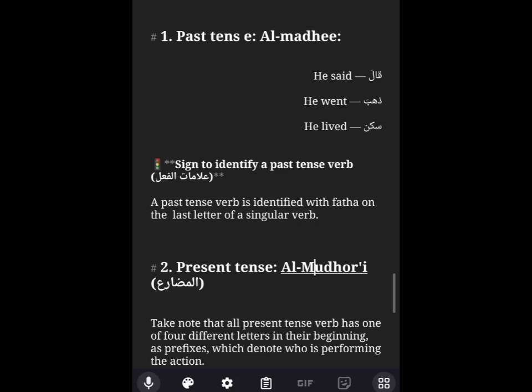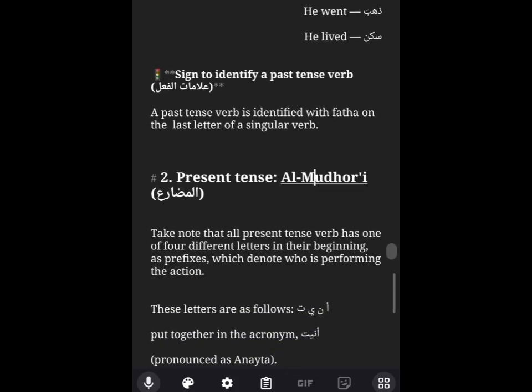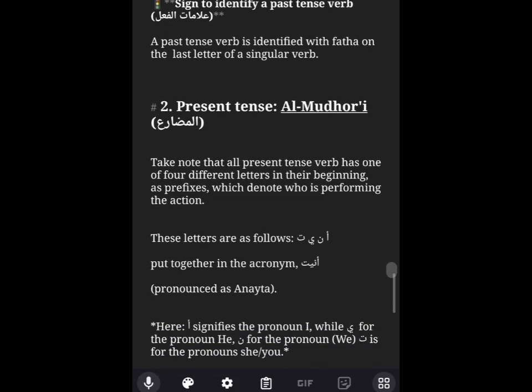Number 2, let's talk about the present tense verb, meaning the imperfect tense verb, which is فعل المضارع.